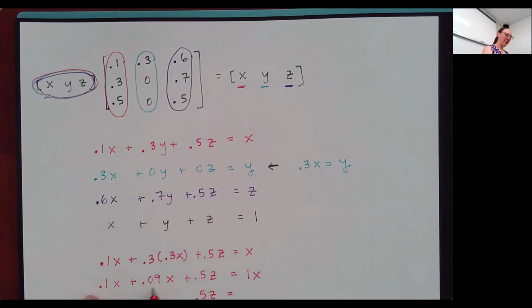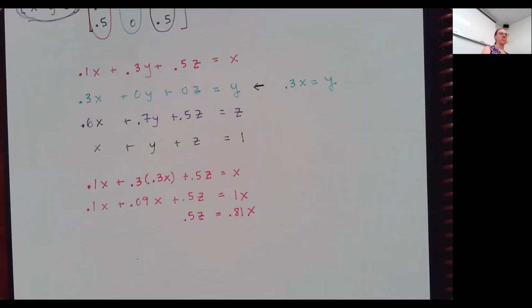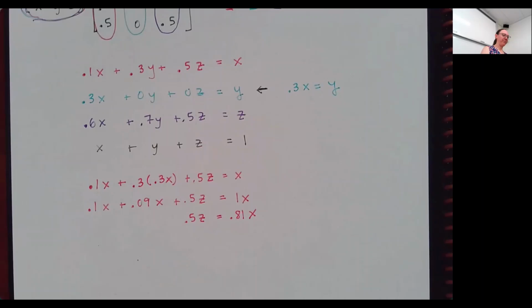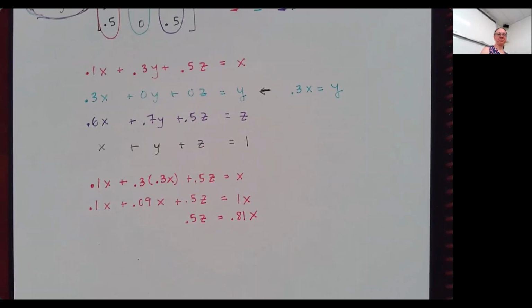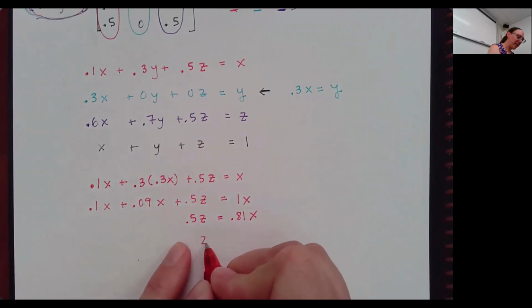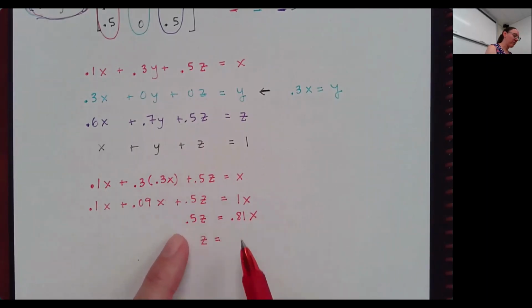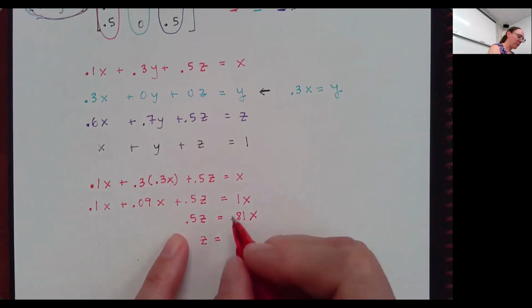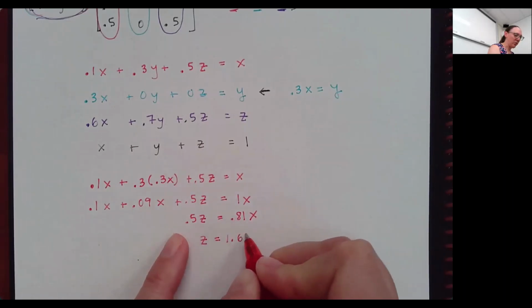If that's 0.19, then this must be 0.81x after I subtract it. How'd I do with my arithmetic? So I can write this as z is equal to, if I multiply both sides by 2, 1.62x.